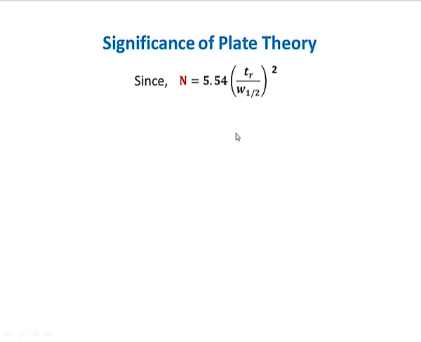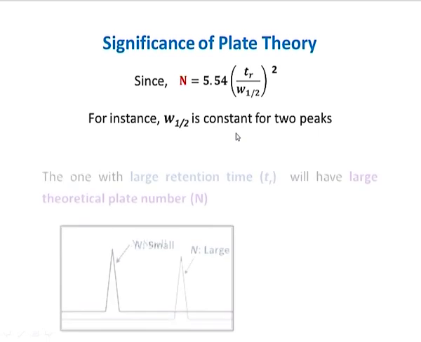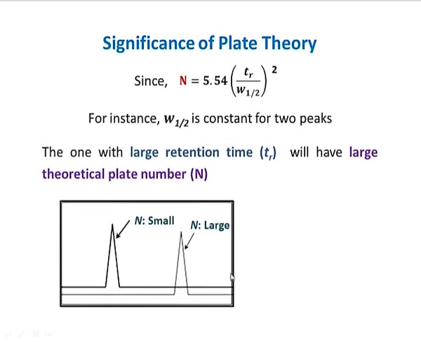Now, let us try to get the significance of this equation. Let us now imagine that W1/2 for two peaks which are eluted out is constant. In that case, and this is the chromatogram, you could see this is one peak here and this is the second peak here, and let us assume that W1/2 is the same for both. What is different? The difference exists in retention time.